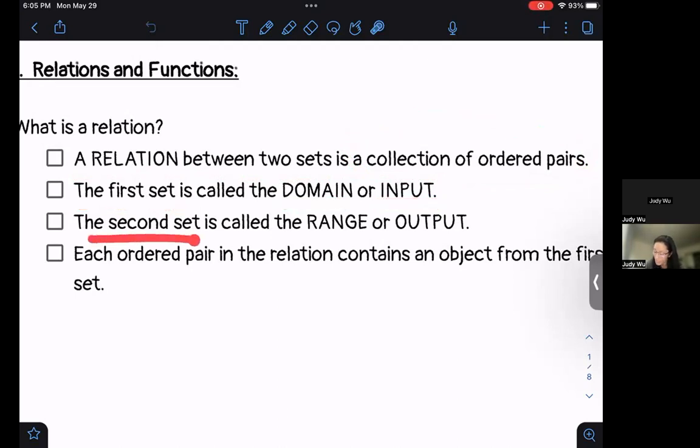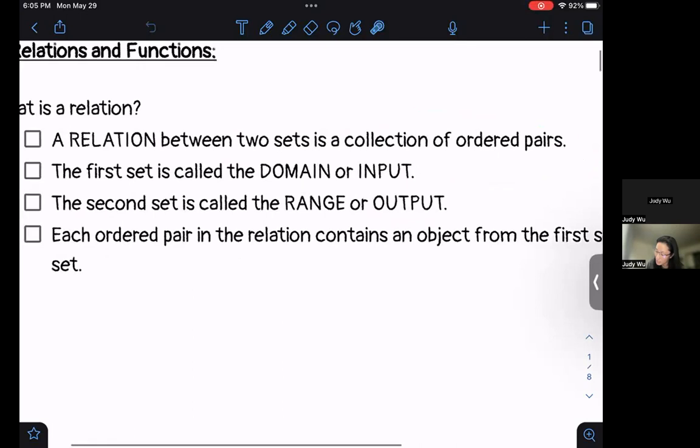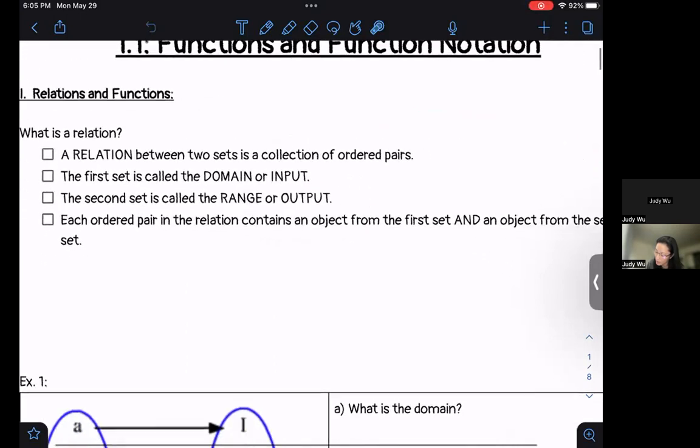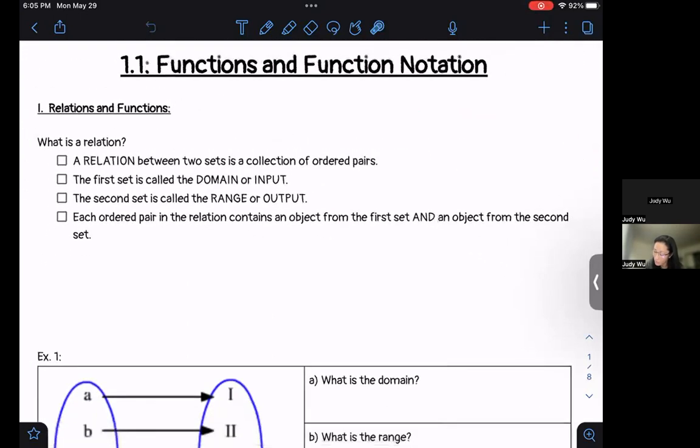And then the second set is something we call the range or the output. Now, it turns out that each ordered pair in the relation has one object from the first set, or one object from the domain or the input, and an object from the second set, or an object from the range and the output.